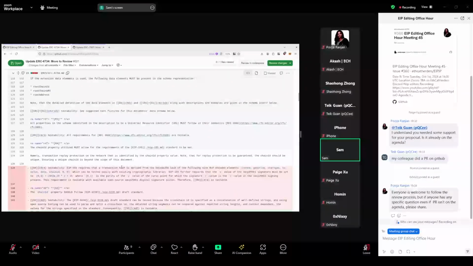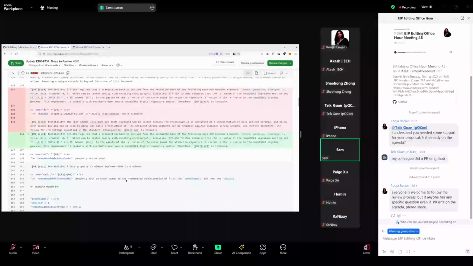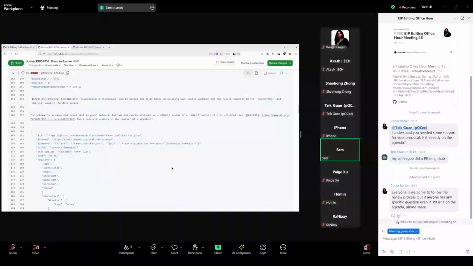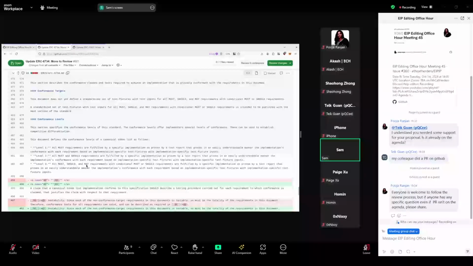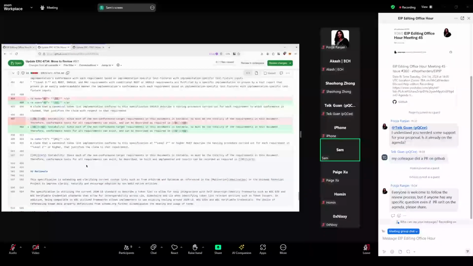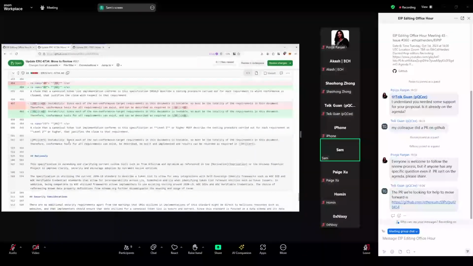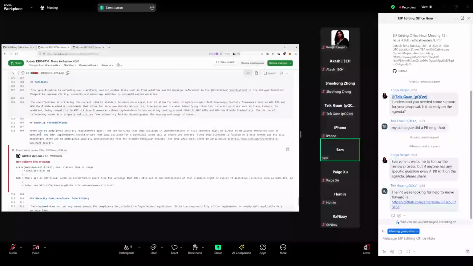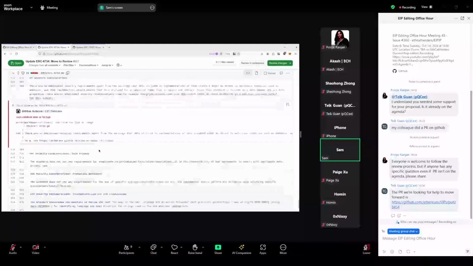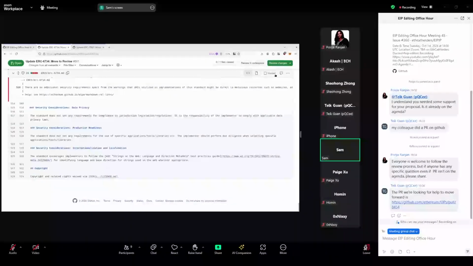Yeah, so I think this will be fine. Specification section is probably good. Rationale. Okay. JSON-LD. Okay. Yeah, that's fine. I just have to force merge this one. All right.